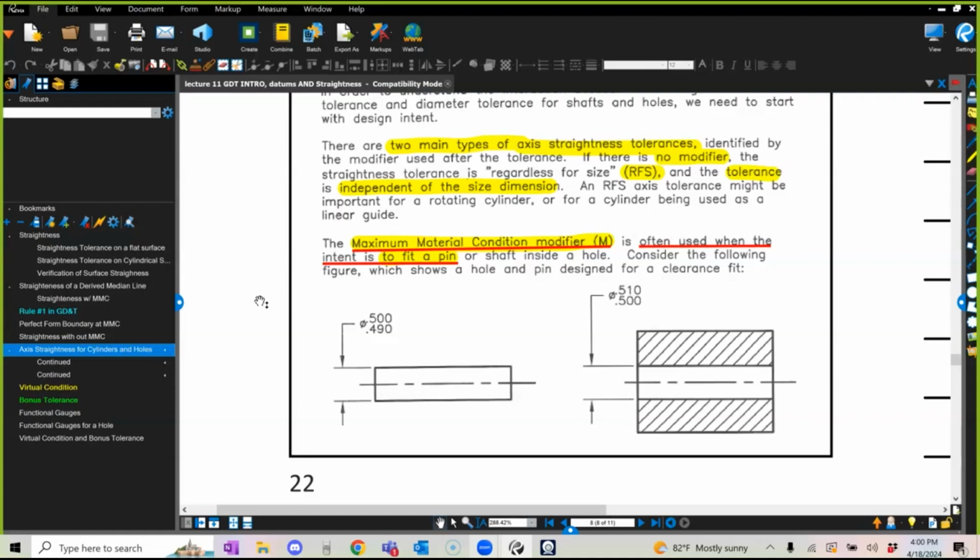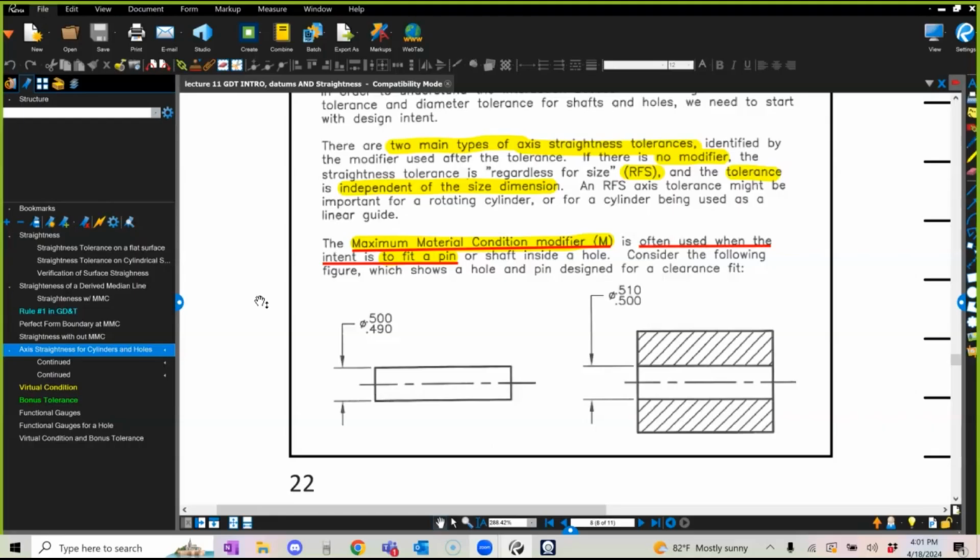I'm going to show you, but imagine that it's already there. If I were not to look at the feature control frame at all, and I want to make sure that this pin goes into the hole, you will go to your table. You'll say, okay, I want a clearance fit, maybe an interference fit. Let's say that it is a clearance fit.